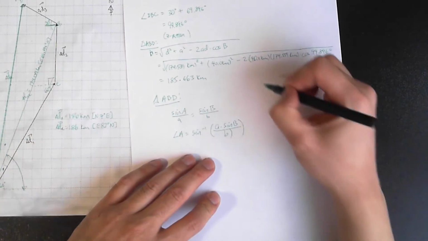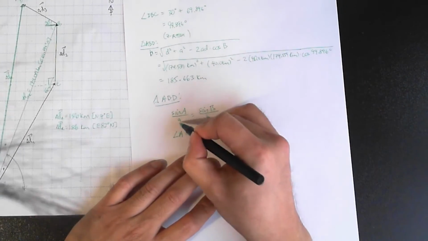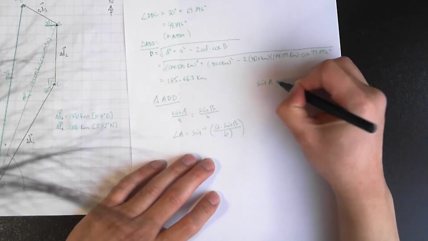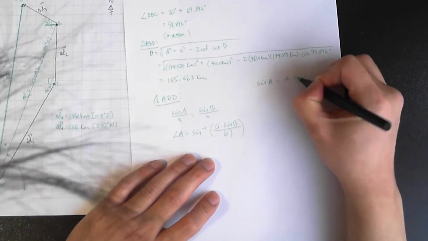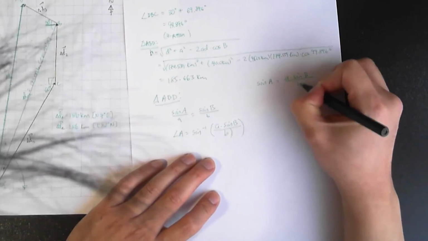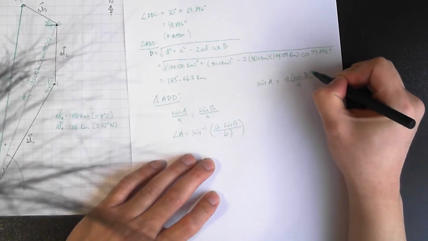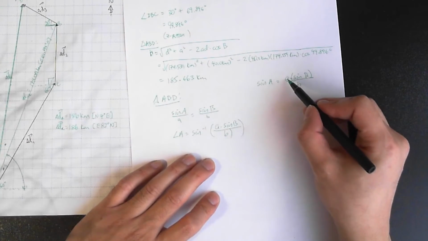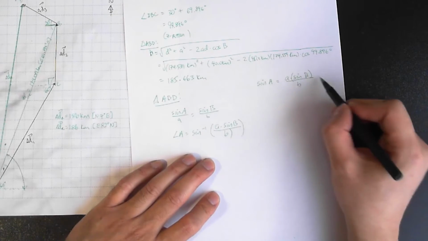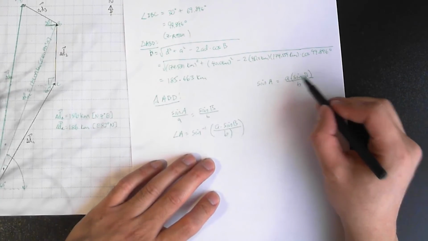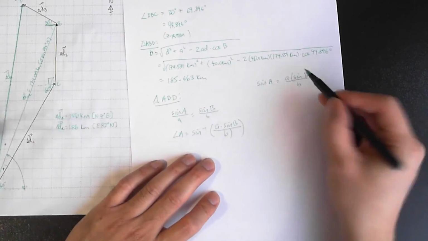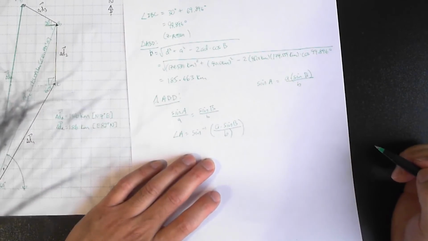And if you're wondering how in the world you are supposed to rearrange this, it goes something like this. First we multiply the A up, so we get sine of A is equal to A times sine of B over B. Because you have to keep in mind that sine B kind of has brackets around it, so you can't modify that. If you accidentally place A towards the end, someone might not know whether you're supposed to multiply B and A first before doing the sine, or do the sine B and then multiply by A. If you write it out this way, it's guaranteed to work out beautifully.